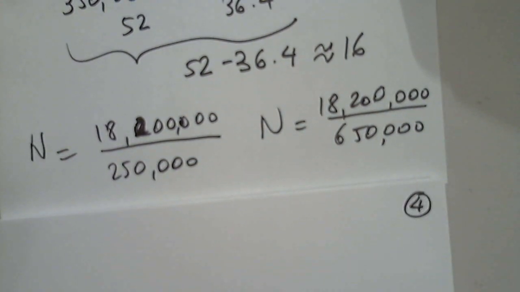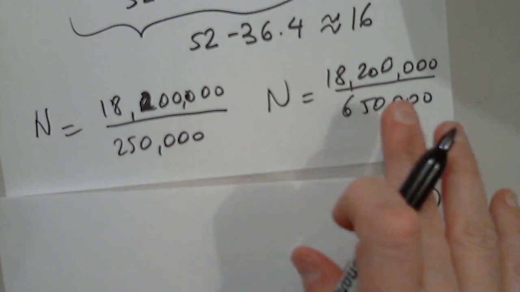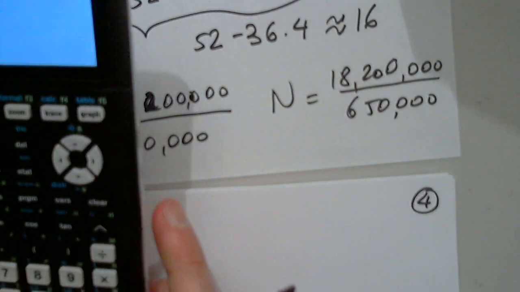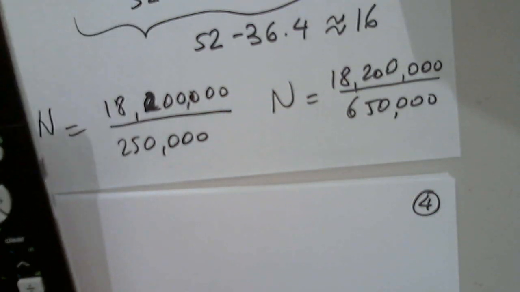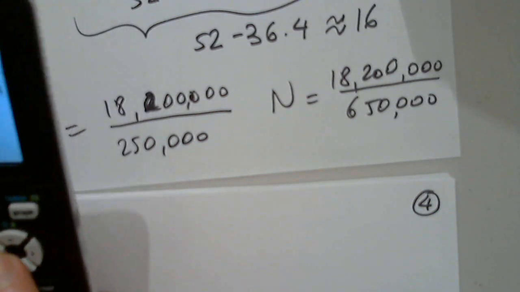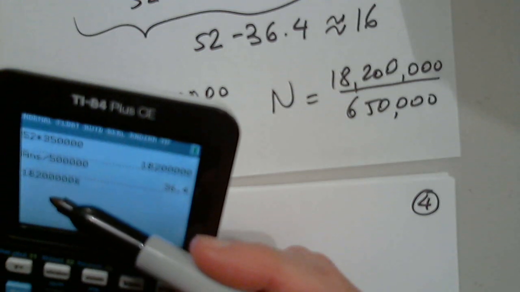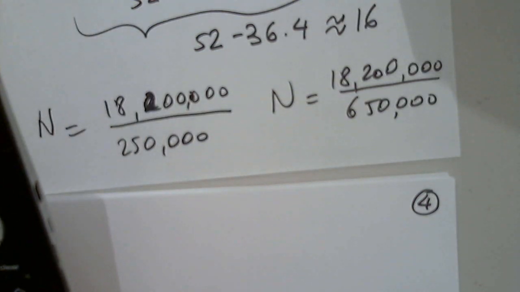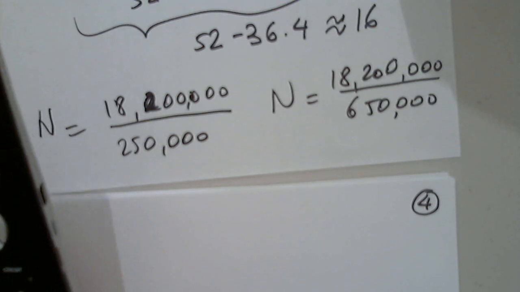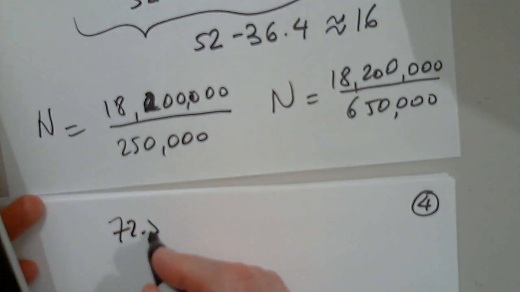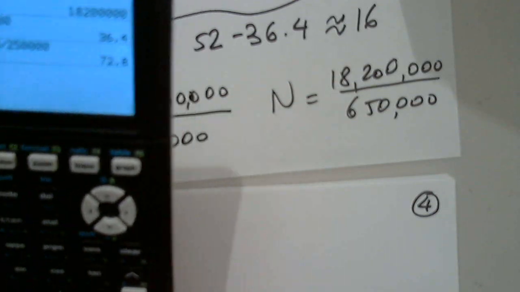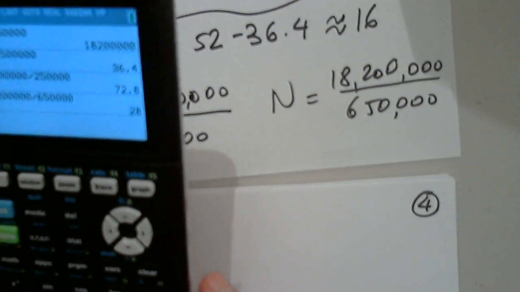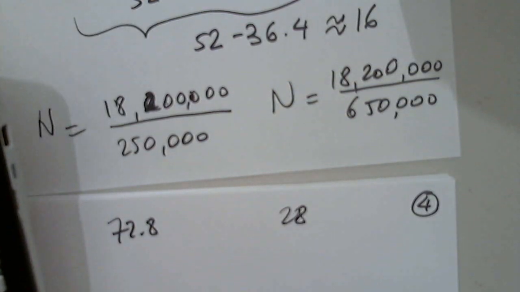Let me know if you can still see, if something needs to be adjusted anytime. So I'll divide this. My calculator is here. 18,200,000. Let me make sure I put enough zeros. 3, yes. And divide this by 250. Good. And I got here 72.8. Let's see what we get here. I just changed this into 6. And I got 28.